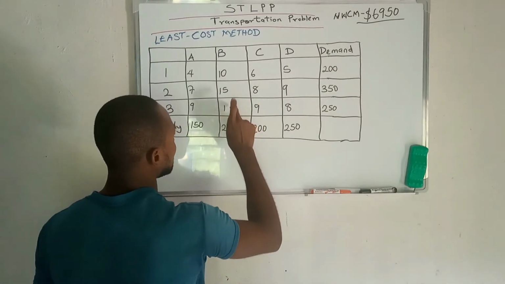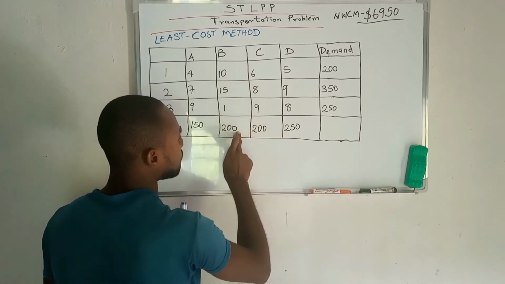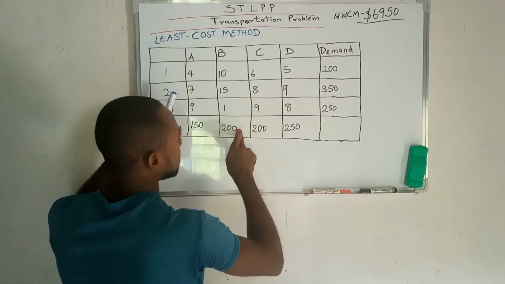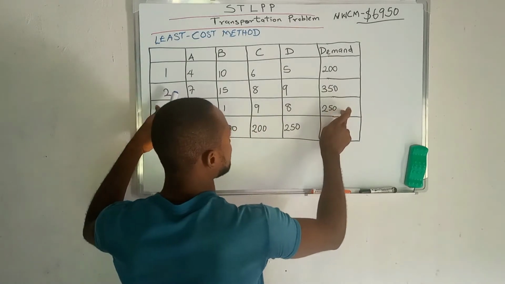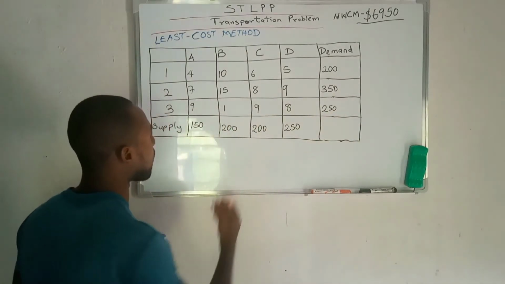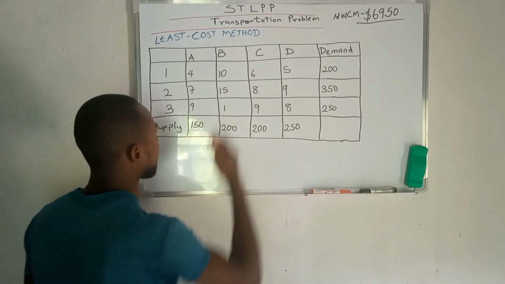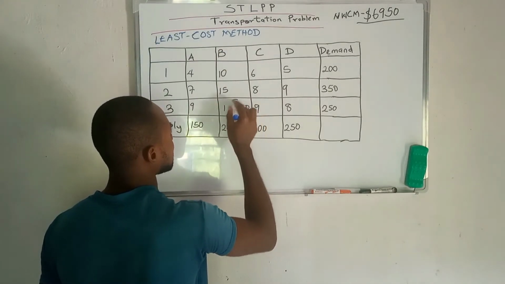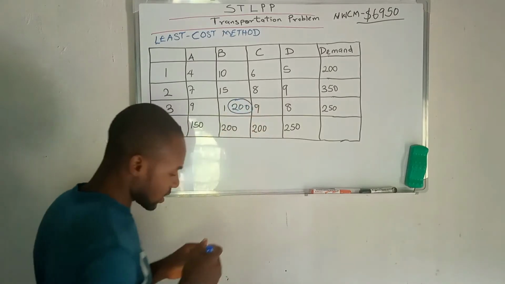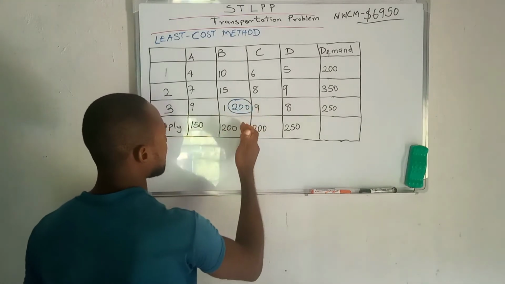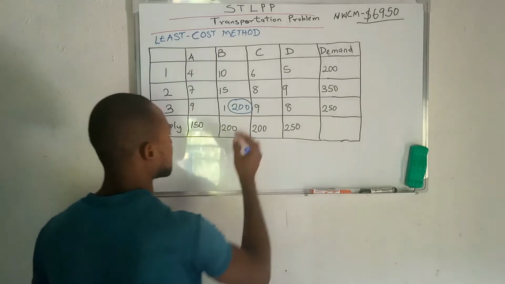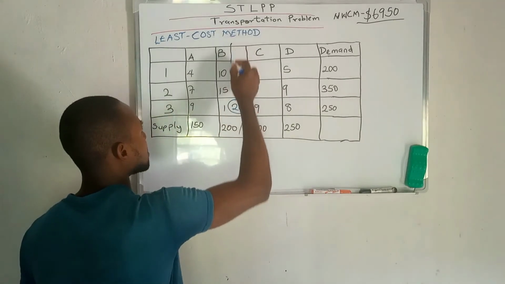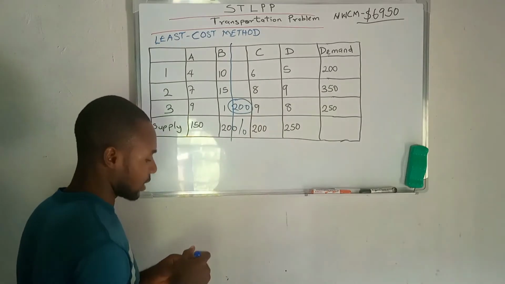In unit B, they have 200 goods to supply, but the third store is demanding 250 goods. So we supply them the 200 goods that we have in unit B. We have 200 here, and then after supplying, we check how many goods we have remaining in unit B. We have 0 goods remaining here, so we remove unit B out of our table.